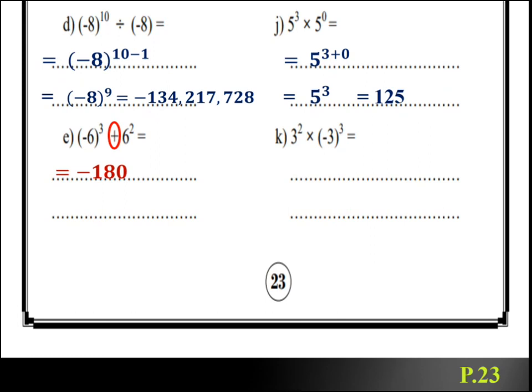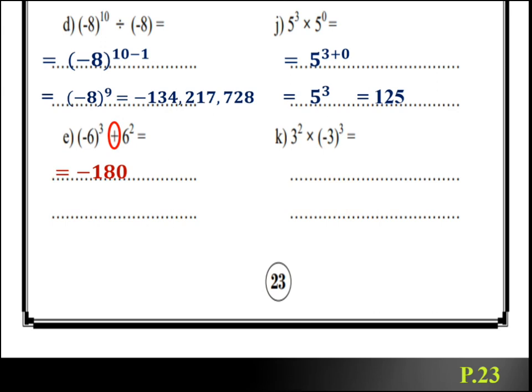Letter K, concentrate please. 3 power 2 times negative 3 power 3 inside the brackets. Okay, here we have the same bases. Yes or no? We have the same bases, but we have only a negative sign, and we can cross it or kick it out according to the power of the number.